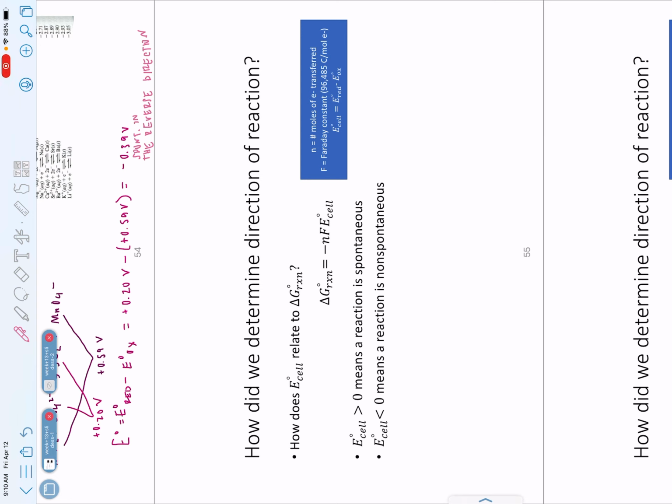Keep in mind delta G came long after we had any idea how to measure cell potentials. We knew about voltages long before we knew about delta G. We're making delta G fit the conventions that we have for our batteries rather than the other way around. That's why we've got to modify this.